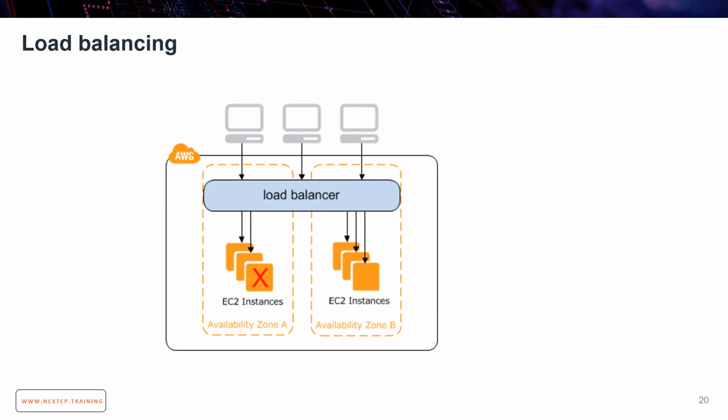In addition to that, the load balancer will do health checks of these EC2 instances, meaning behind the scenes, it will continuously ping, or check the heartbeat of these EC2 instances and ask, are you healthy? Are you healthy? You can define those health check thresholds, like how often you want to check it.